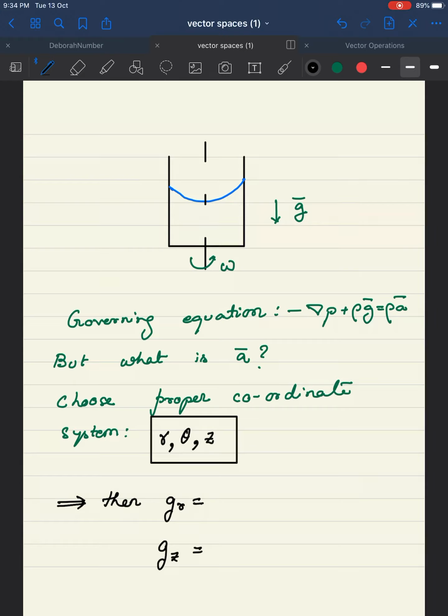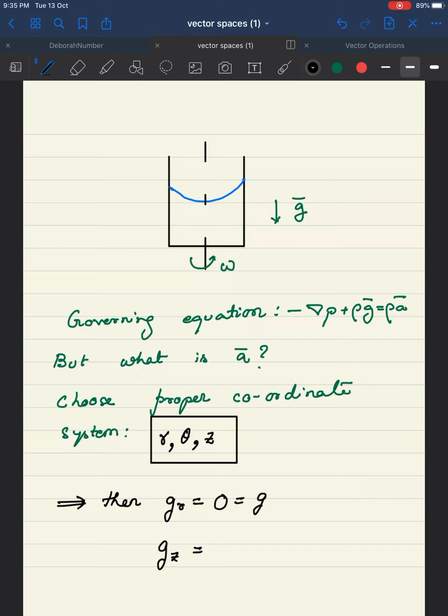Now, if that is true, then immediately you can tell something about gr and g theta. So I now have to worry about this vector expression right here, and all the different terms for this. So g now has components in r, theta, and z, and a will have similar components. Now gr is 0, it's sort of obvious, right?